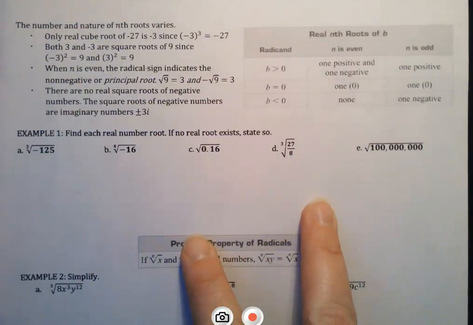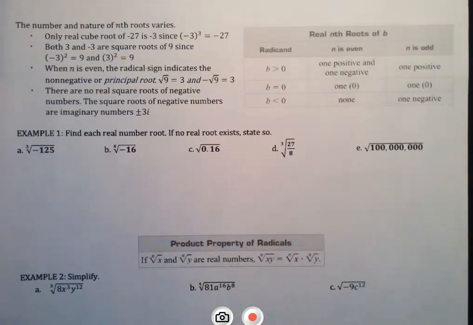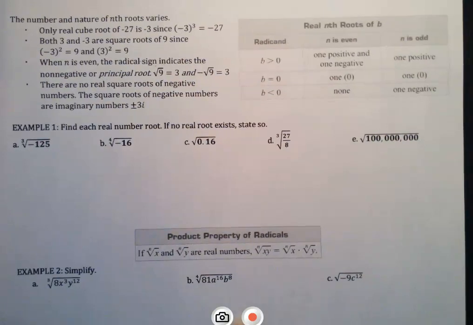Okay, so the number and nature of nth roots varies. The only real cube root of negative 27 is negative 3, since negative 3 cubed equals negative 27.